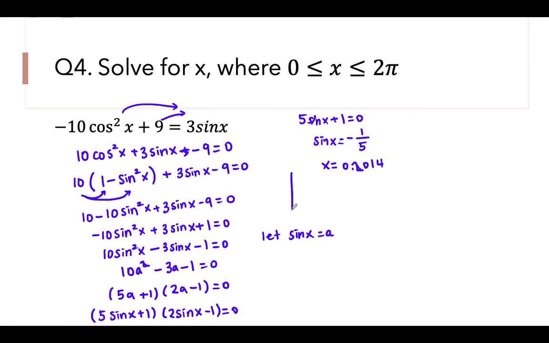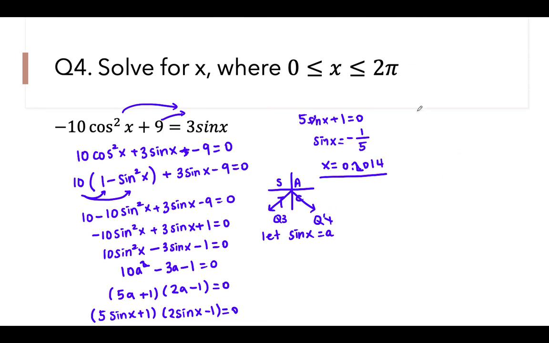Then, using your CAST rule, we have to figure out, so this is my related acute. Which quadrants would my sine be negative? Sine is going to be negative in quadrant 3 and quadrant 4.